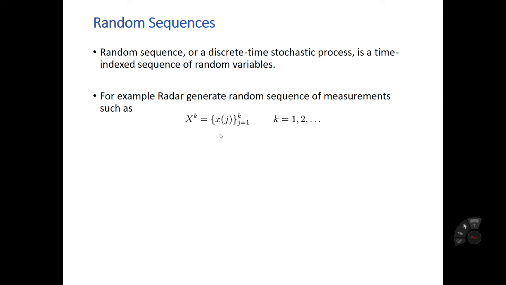This whole set describes the random sequence of random variables, because radar generates random variables related to the object moving in space. So radar generates random values in each scan x j, starting from the initial scan up to the end scan.